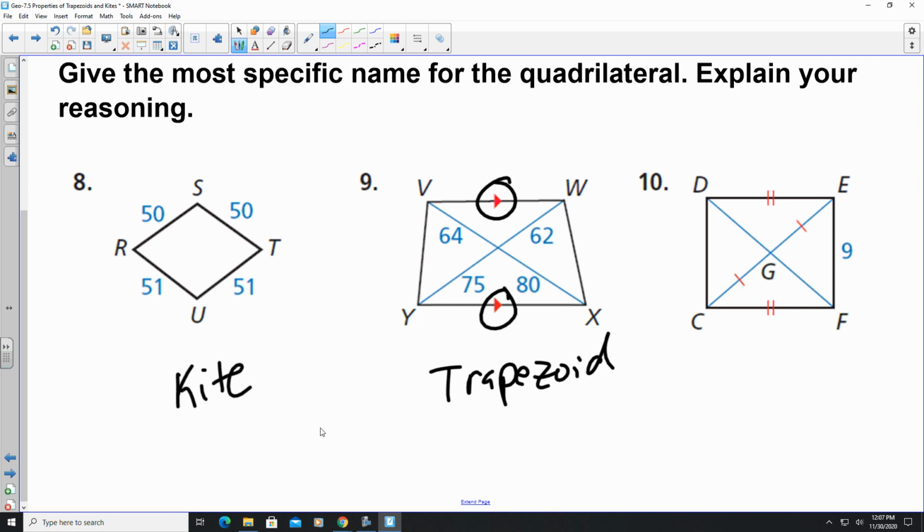Let me take a look here. So they tell us that this is 9, which doesn't tell us anything.